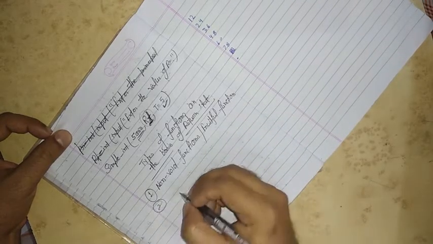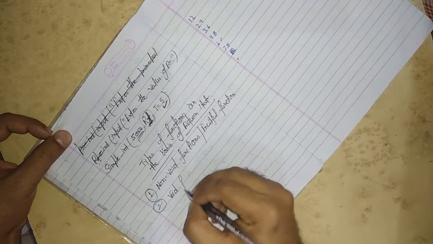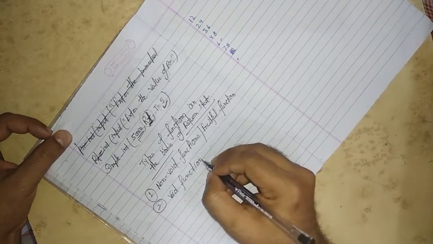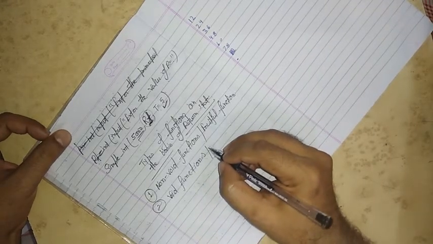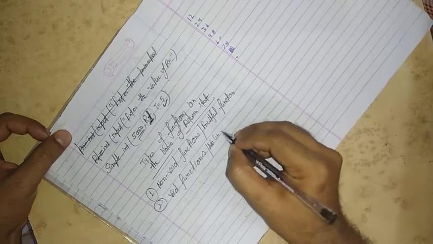And the second category is the void functions, that are unfruitful.